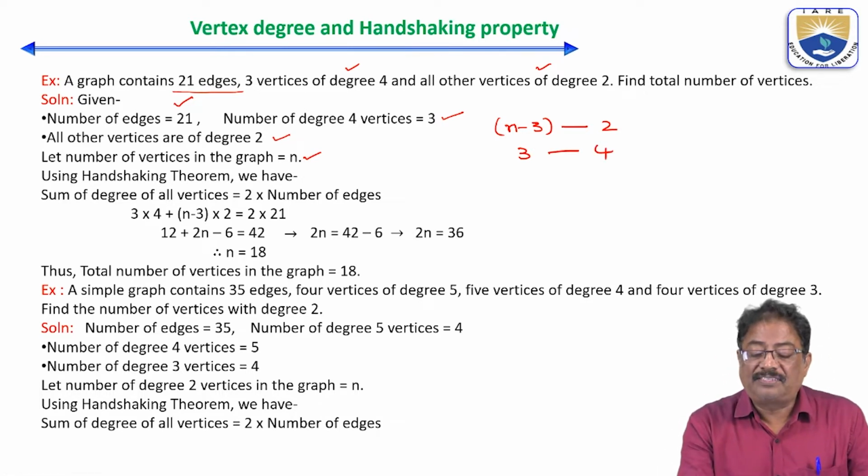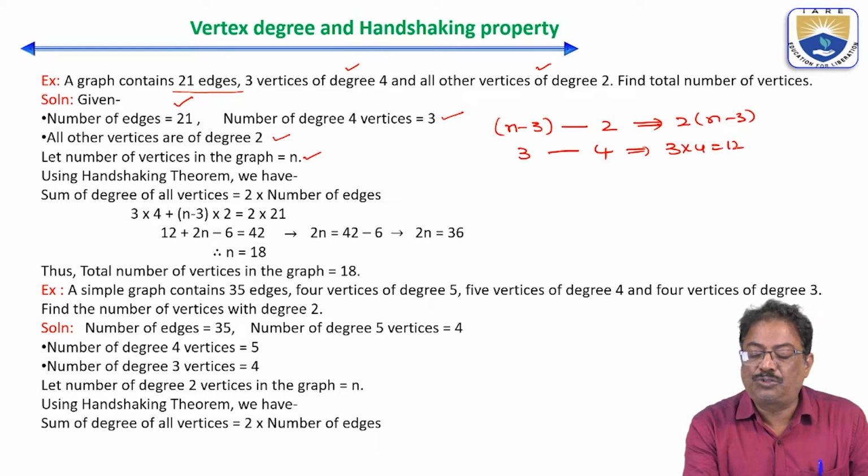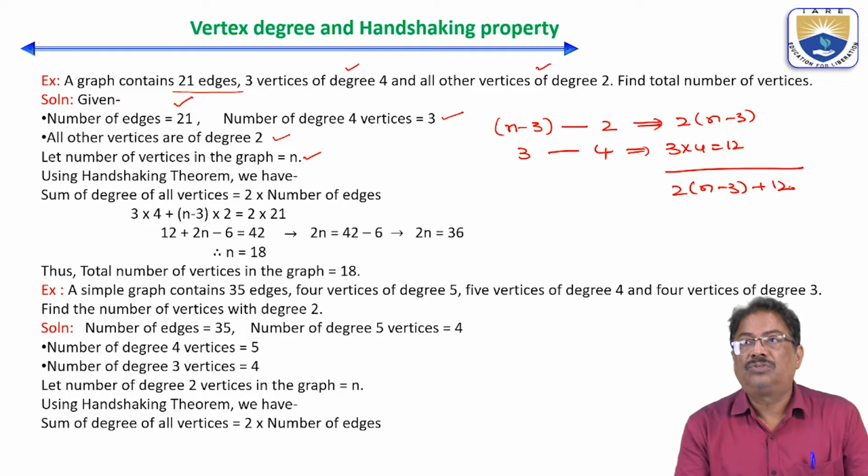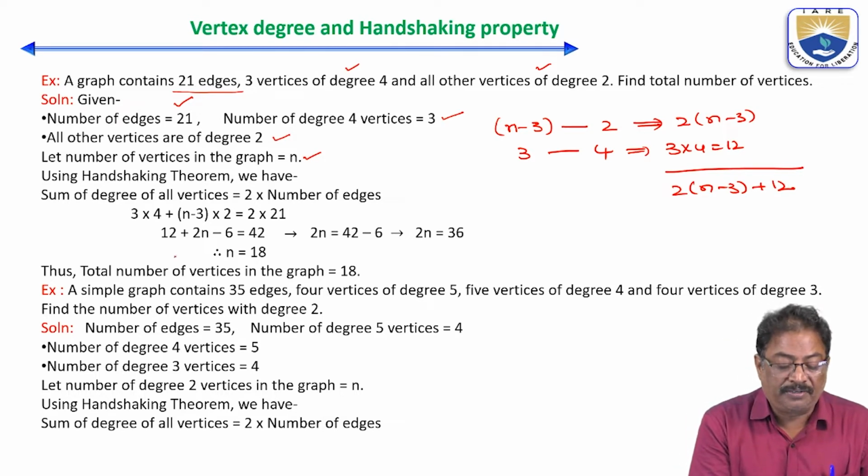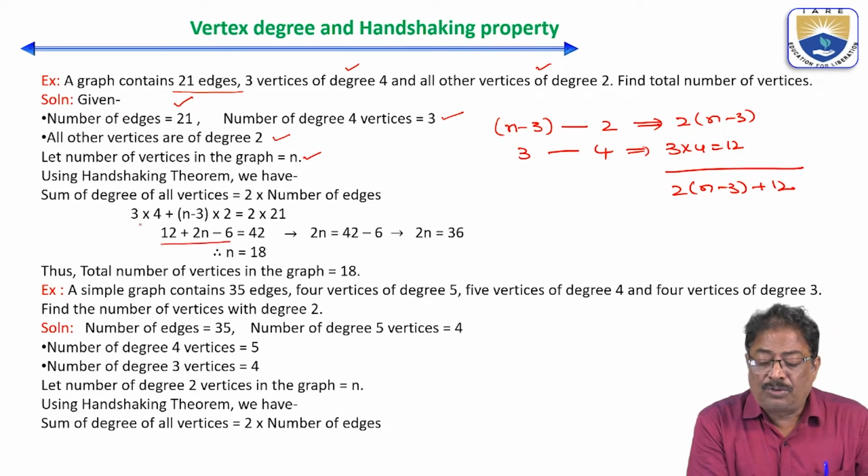What is the sum of the degrees of these vertices? It is 2 into (n minus 3), and the sum for the other vertices is 3 into 4, which equals 12. So the sum of the degrees of vertices is 2 into (n minus 3) plus 12, which equals 2 into the number of edges.